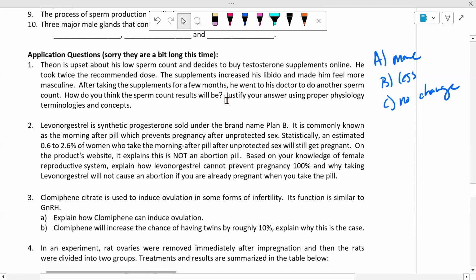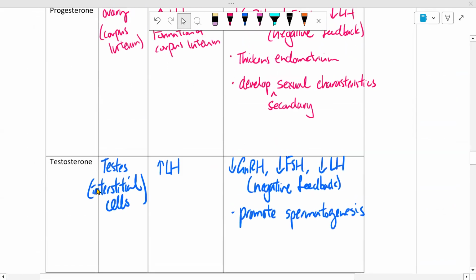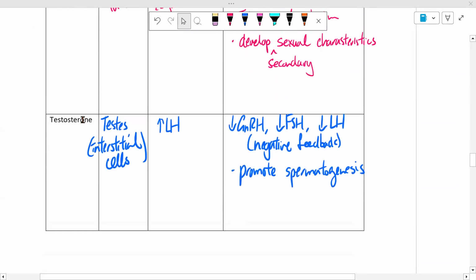Well, actually, you know what? It's counterintuitive. You would think it's more, right? Because testosterone, spermatogenesis. But take a look at what we just did. High testosterone will lower GnRH, lower FSH, lower LH.